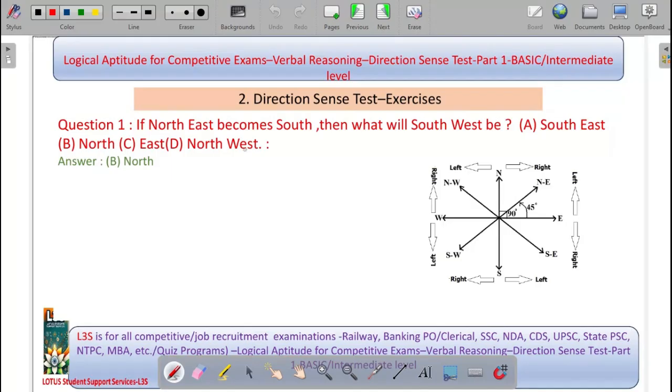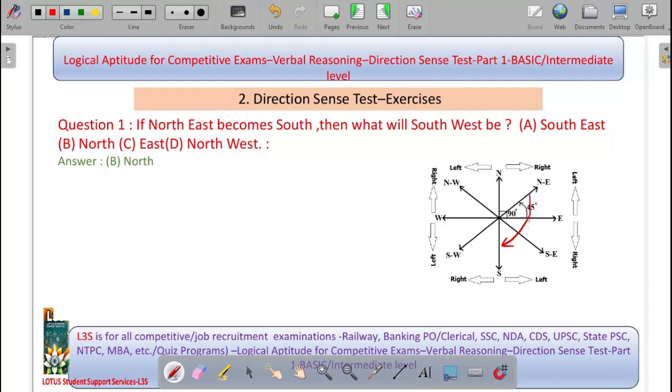So here, now if we see this diagram, northeast becomes south. So this northeast becomes south. So it is moving clockwise. How many degrees?